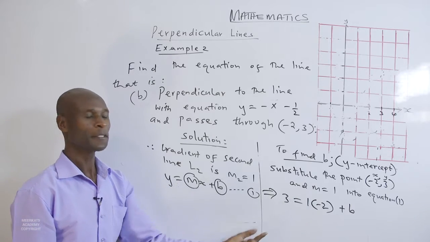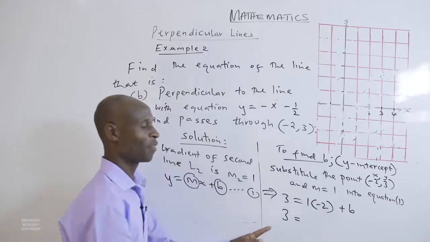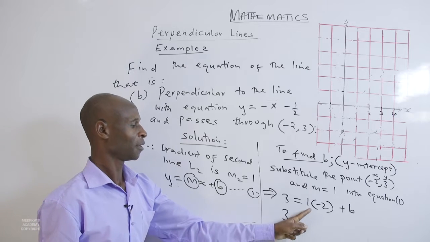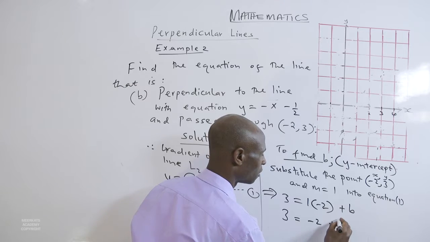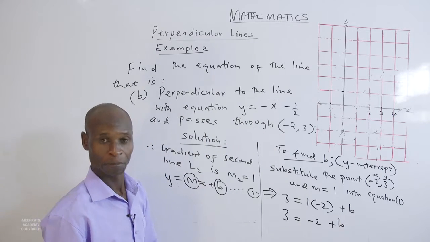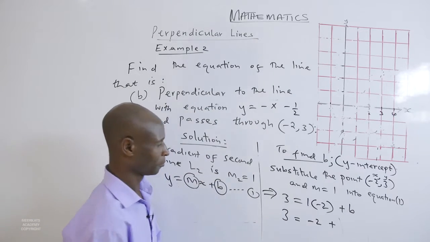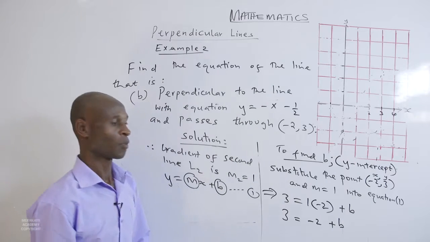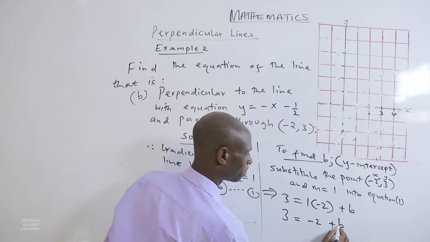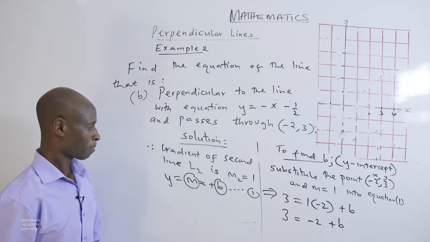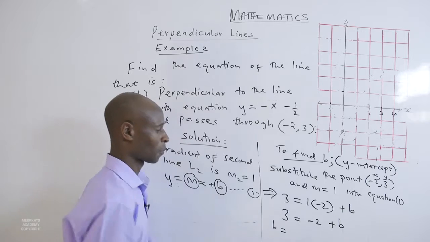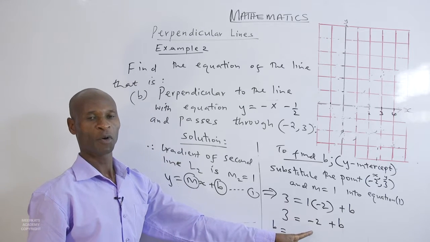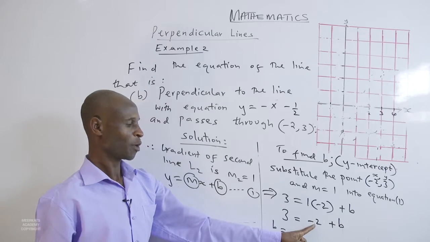We now simplify. On the left hand side, we have 3. On the right hand side, 1 times -2 is -2, plus b, which is unknown. Now to get b, we add 2 on both sides because we have -2.